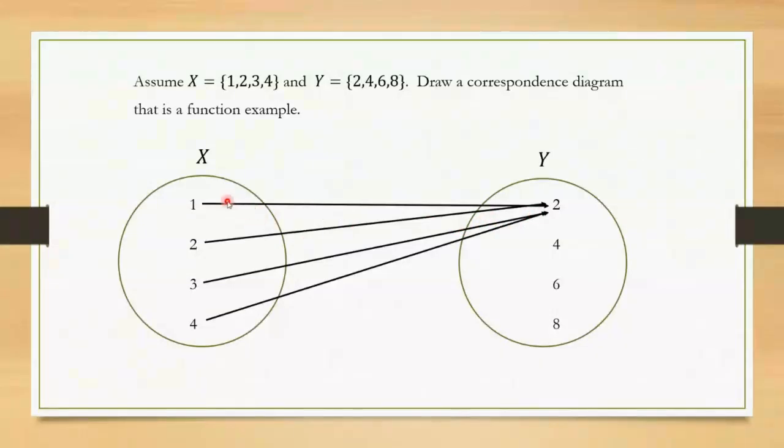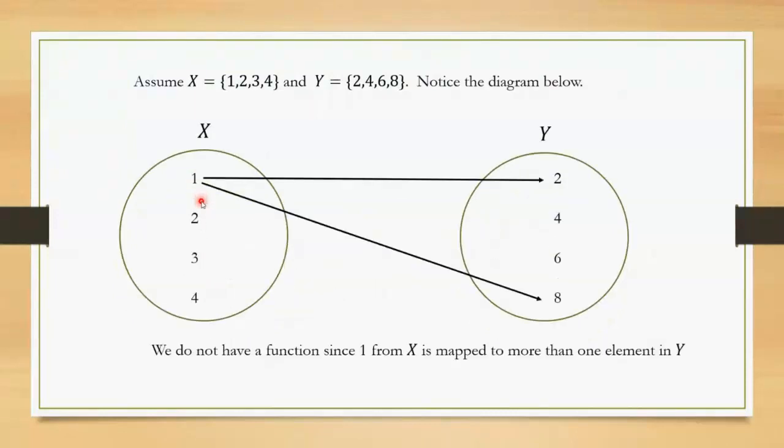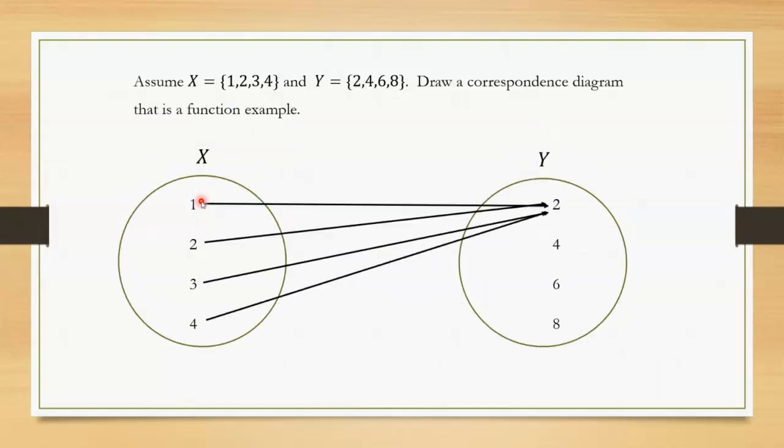Not to mention also, from each input you only have one arrow coming out of it. So from 1, you don't have, let me see if I can get back to it, you don't have this, in other words. This is not a function because an input, 1, has different outputs. Here, you have different inputs with the same output.